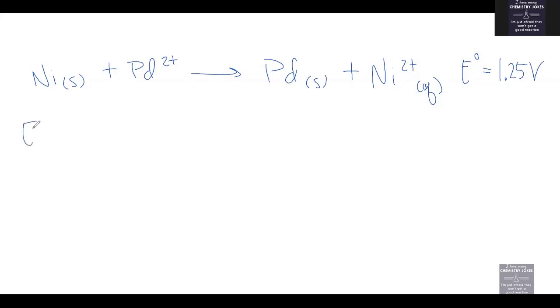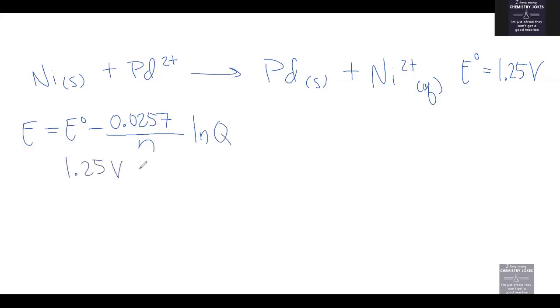So we're going to use the Nernst equation, and my favorite version is this one. I've got 1.25 volts minus 0.0257 over 2, because there are 2 electrons being exchanged in this system, ln of products over reactants.